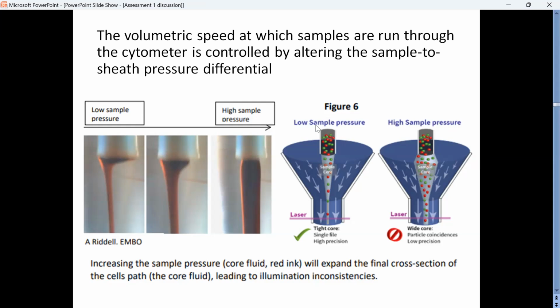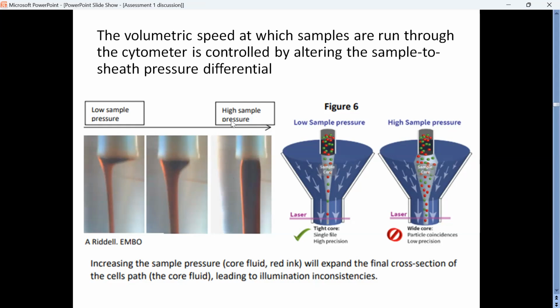But when you acquire the sample in a low pressure mode, a very low volume of sample flows into the flow cell. The cells are effectively hydrodynamically focused by the sheath fluid and delivered in a beautiful single file fashion. You also get a very tight core.